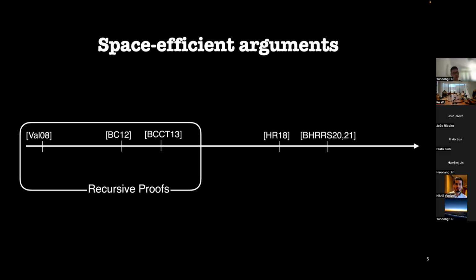Second, in order to do recursive proof, you have a very limited choice of the curve and the group, or field, you are working on. It usually will have a large security parameter. So even a single operation may incur a large overhead.